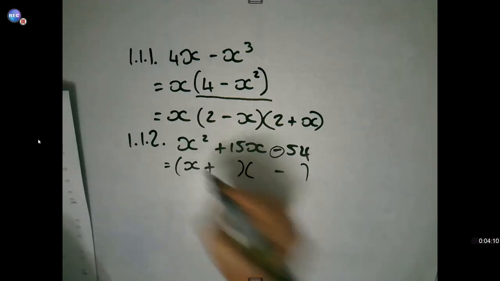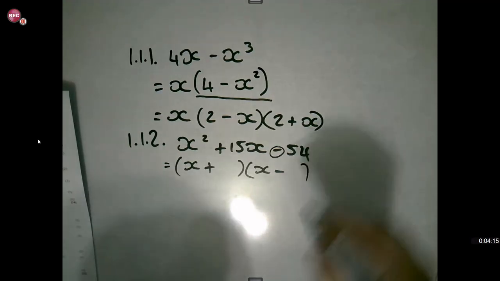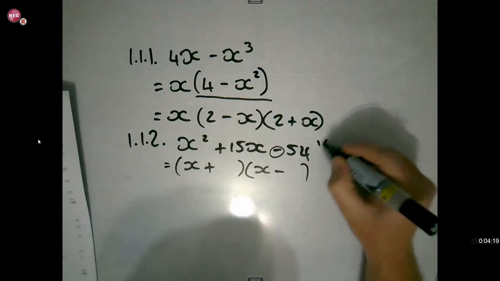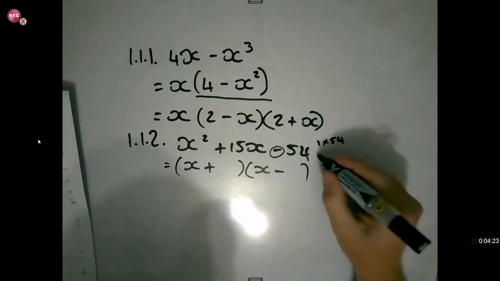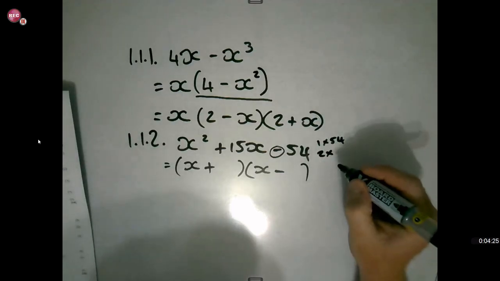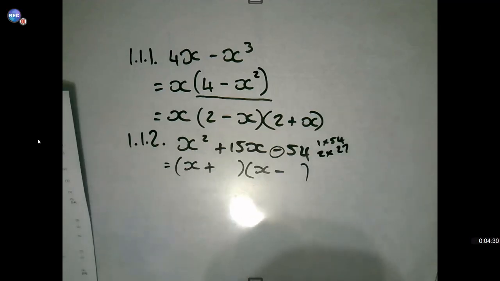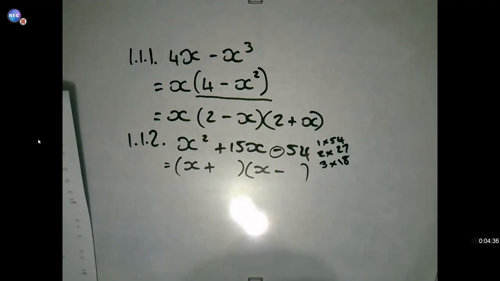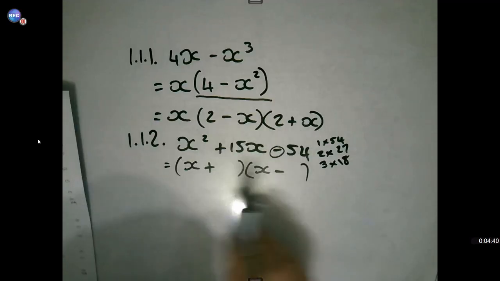Split your x's up, and then you need to go and find the factors of 54 by saying 1 times 54, then carrying on to 2 times 27, etc, etc, etc. Once you've done that, you would notice that 3 times 18 will be a perfect match for what you need to do here.